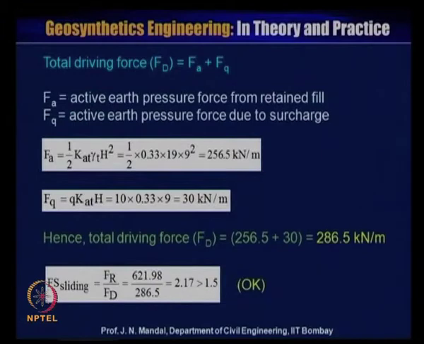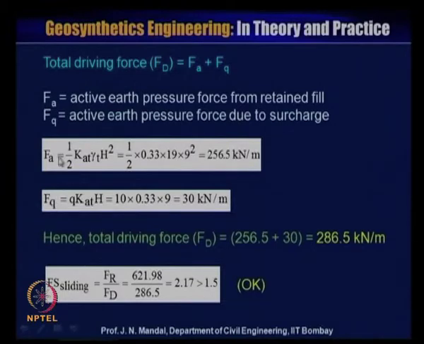At the same time, you know the resisting force, and you should also know what the driving force is. So driving force can be written as the active pressure force from the retained fill and the active pressure force due to the surcharge load.